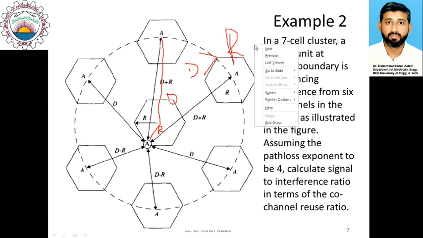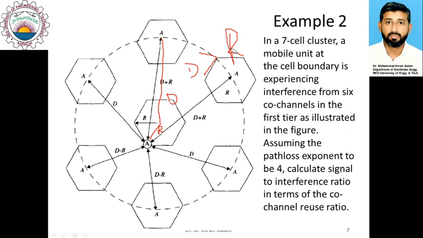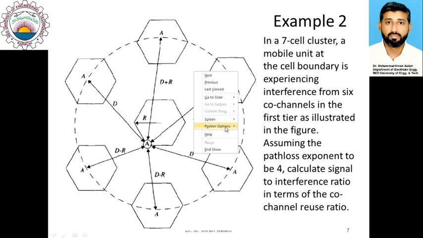Therefore, we can conveniently make an approximation that this direct distance is equal to D. Similarly, for this point we can make an approximation that the distance is equal to D plus R. These are approximations.